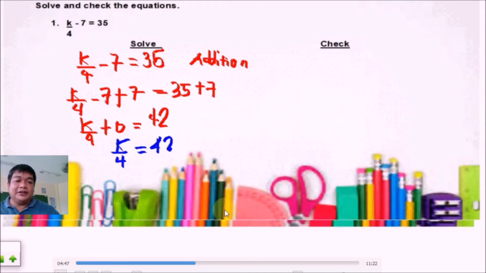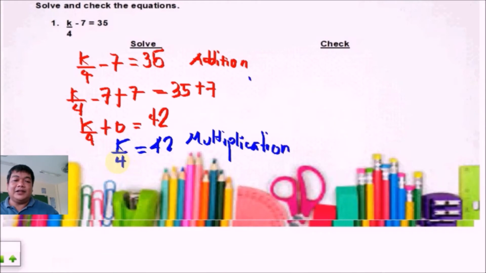So we're going to multiply both sides by a number that surely eliminates the number 4 here. So we are going to multiply by 4.